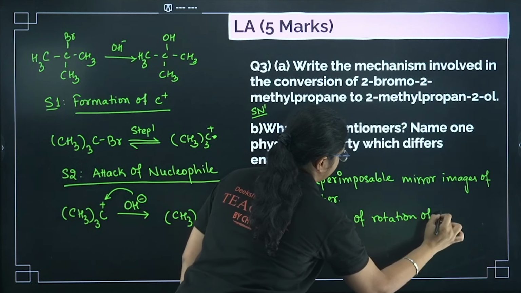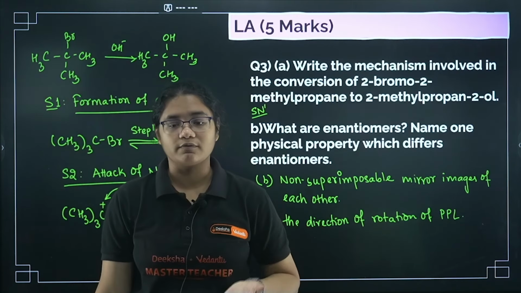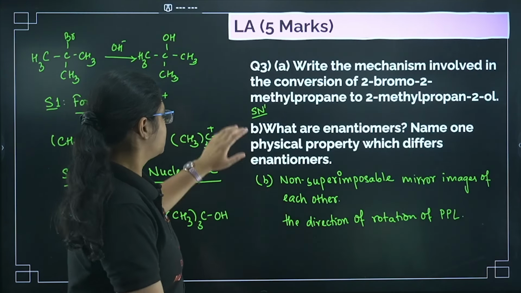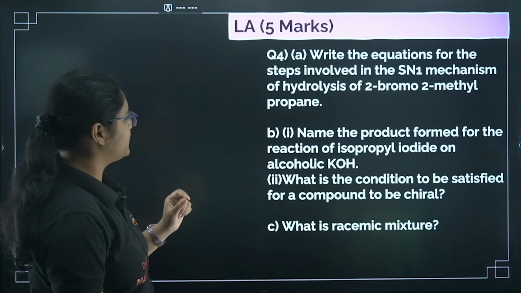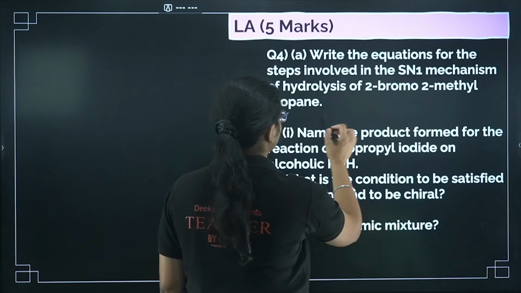So if one enantiomer rotates it in the clockwise direction, the other one will rotate it in the anti-clockwise direction. Okay, next question, write the equations for the steps involved in the SN1 mechanism of 2-bromo-2-methyl propane.